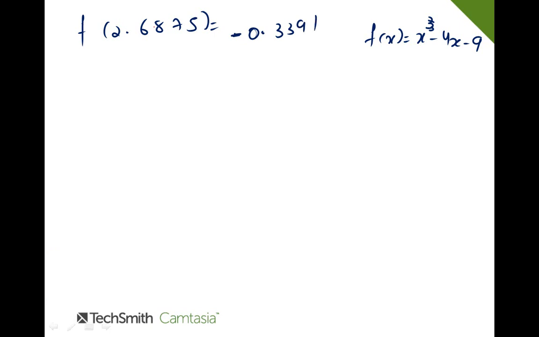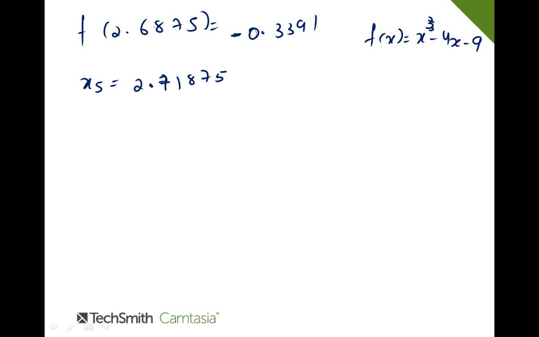Now go for x5. Use your calculators. It will be 2.71875. Now you can work by yourself at home using your calculator to find the x's.